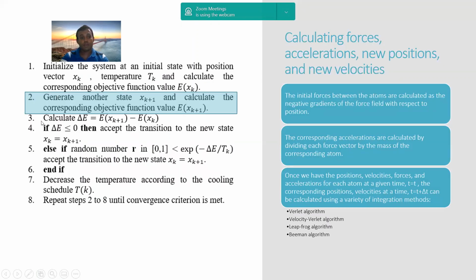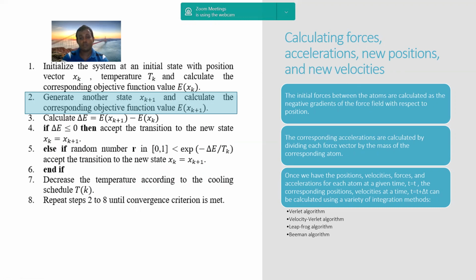Then we go to step number 2, where we are dealing with the positions, like how to calculate forces, accelerations, and then the positions and velocities for successive steps. So the initial forces can be calculated, as we know from physics, by calculating the negative gradient of the force field.